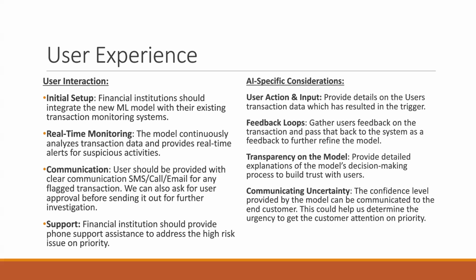We can also provide some sort of transparency to the end users, trying to say why exactly the model made certain decisions, and this helps us in building trust with the end users. So when we are trying to communicate uncertainty, we can say that we are 100% confident that this is a fraudulent activity, or we can say we are suspecting, or we have low confidence, but we are still suspecting that this could be some sort of fraudulent activity, and we need your review on this.